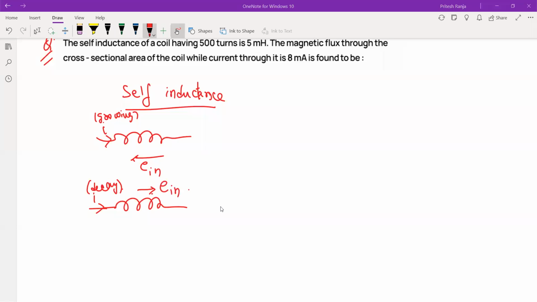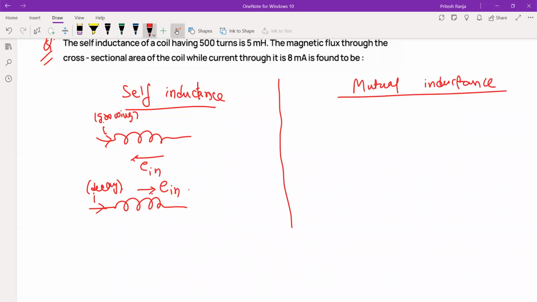So this was all about the self inductance that we learned. Let us parallelly see mutual inductance. As the name suggests, in mutual inductance, EMF will be induced on a coil with respect to another coil, right? That's why the word mutual. That means there will be two coils here.